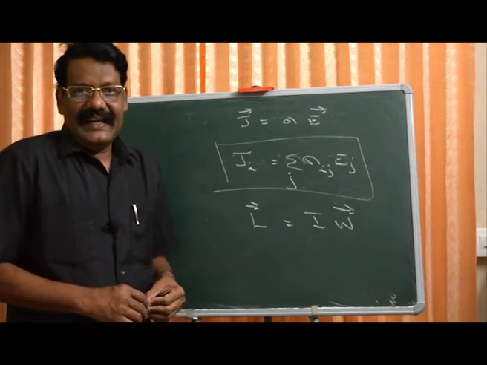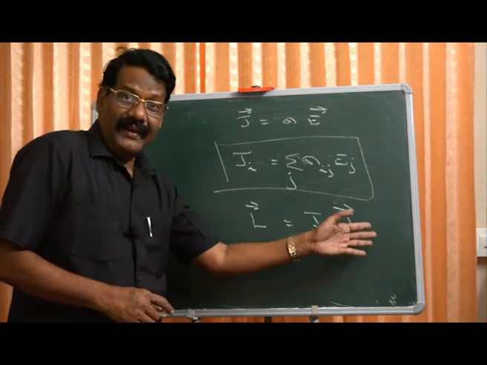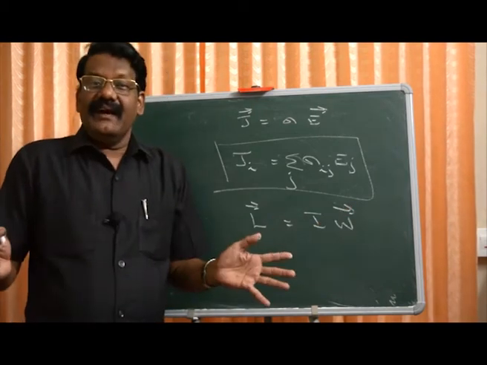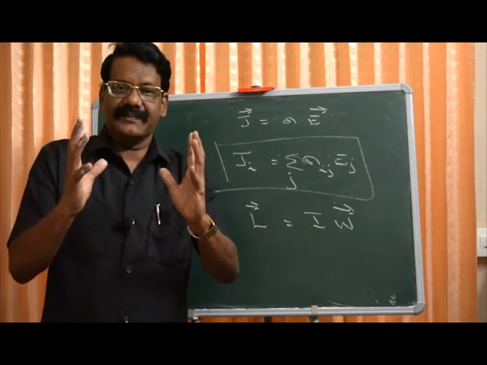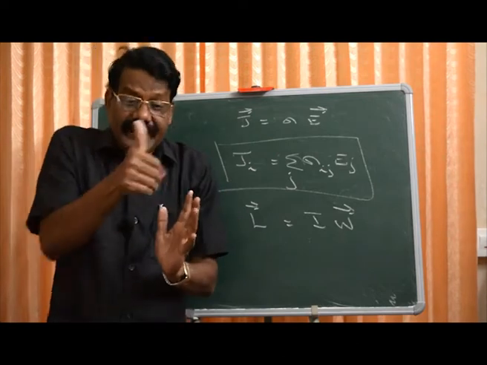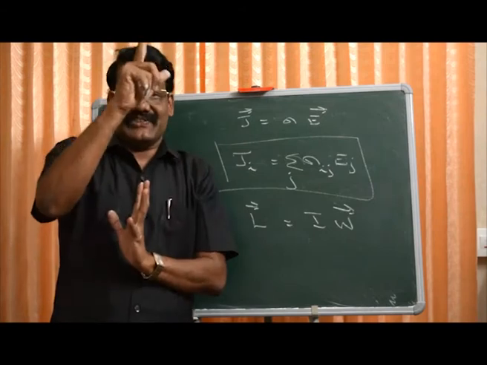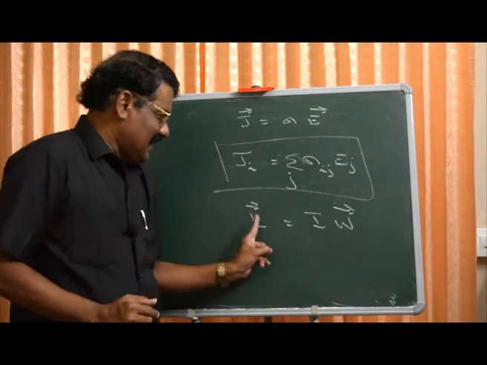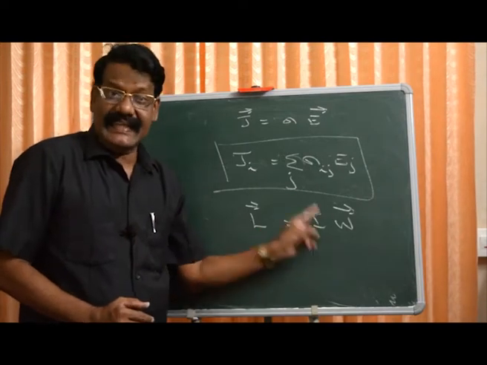Correct? This is not always the case, because this can happen only when L and omega are acting along the same direction. For example, you take a sphere revolving about its axis, and the angular momentum direction is obviously along the axis, and omega is also along the axis. So L and omega are acting along the same direction, so I turns out to be a scalar.